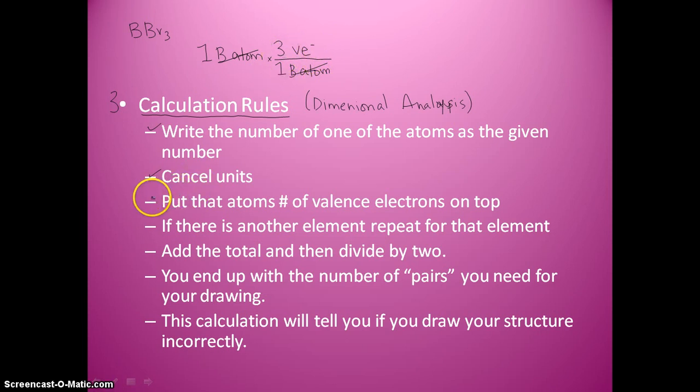Okay, and then if there is another element, repeat that step again. So then we add this. Okay, so we're going to make a big plus sign, and now you put the number here. So now there are 3 bromine atoms, times in a line, and then 1 bromine atom goes on bottom to cancel that out.